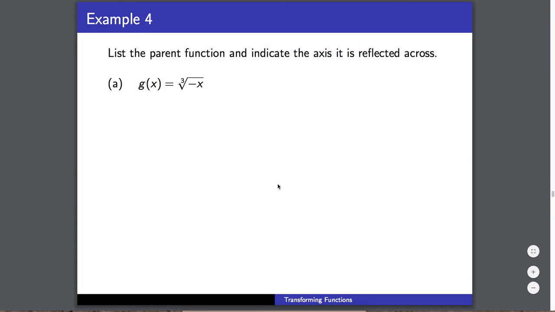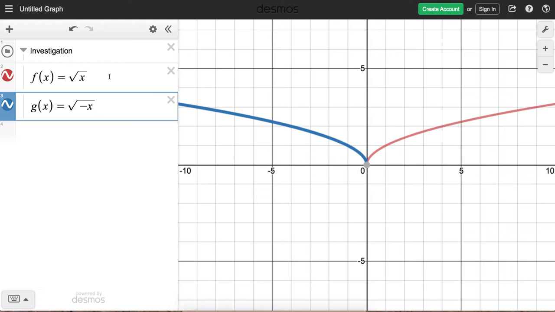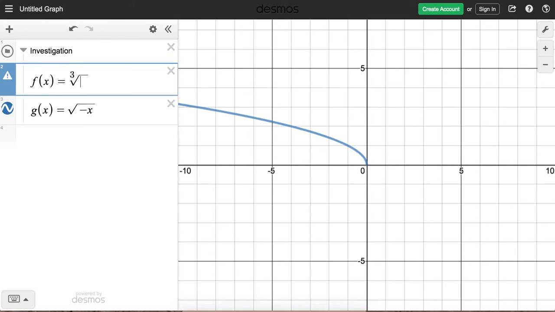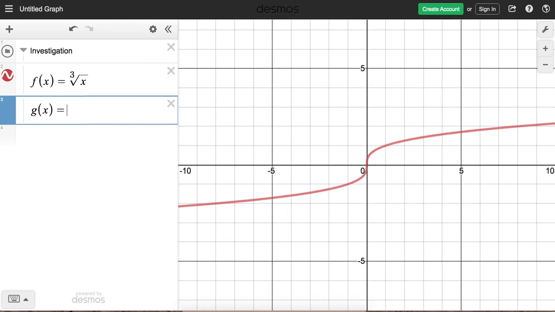So all right, example 4, we have: list the parent function and indicate the axis it is reflected across. So example A, we have g of x is the cube root of negative x. Well, our parent function is the cube root of x. So cube root of x, and then g of x is the cube root of negative x.